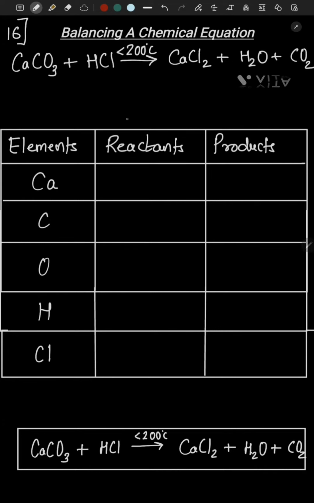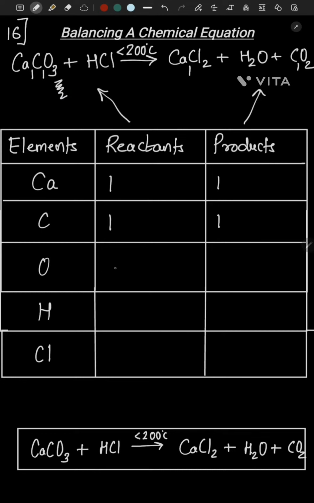Let's take the count on the reactant side, which elements are there and the number of atoms involved in them. So calcium on the reactant side is only 1, whereas calcium on the product side is also 1. Carbon on the reactant side, no number, means 1. Carbon on the product side, again 1 with no numbers.